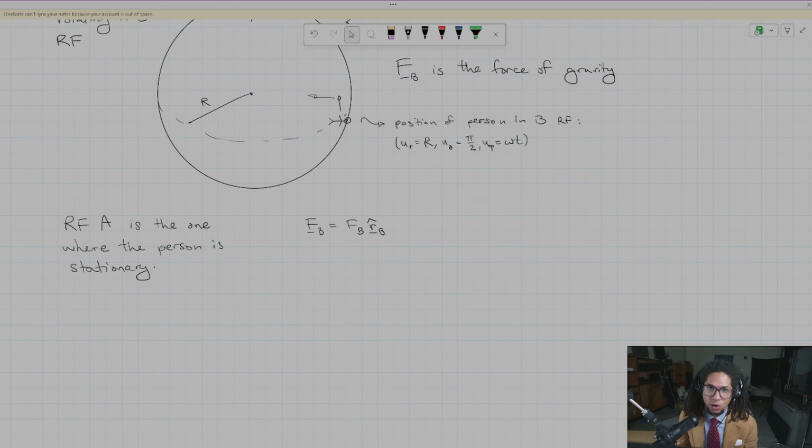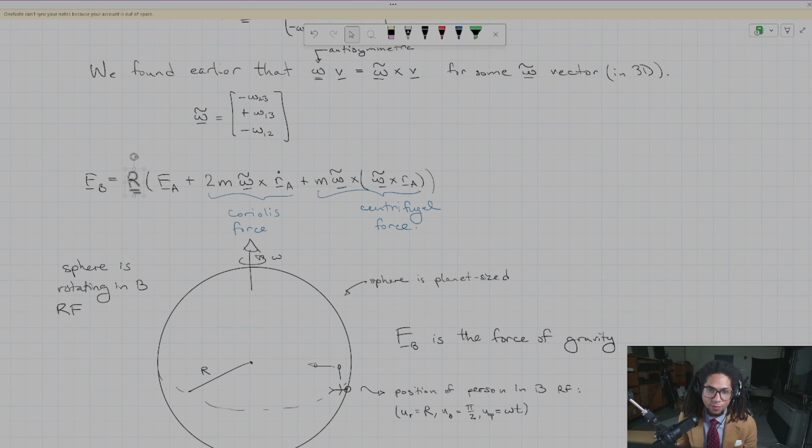So what this R over here tells us is that if we want to imply that this is one of the forces that our object is going to feel in the A reference frame, we need to rotate it correctly.